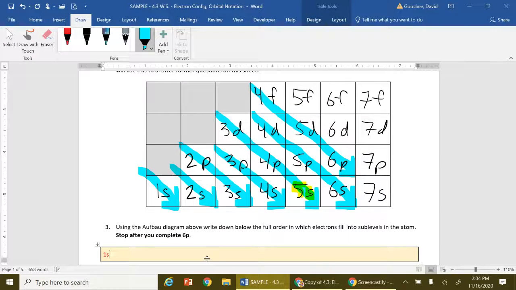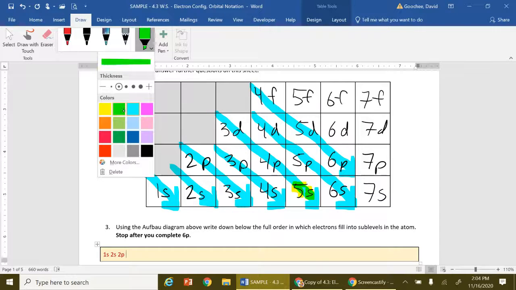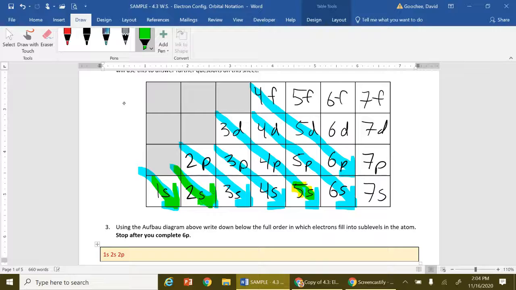It starts with the 1s, followed by the 2s, followed by the 2p and the 3s, followed by the 3p and the 4s, followed by the 3d, 4p, 5s, followed by the 4d, 5p, 6s, followed by the 4f, 5d, 6p, and so forth.